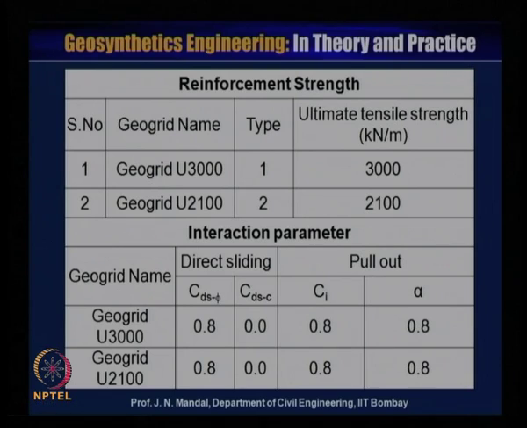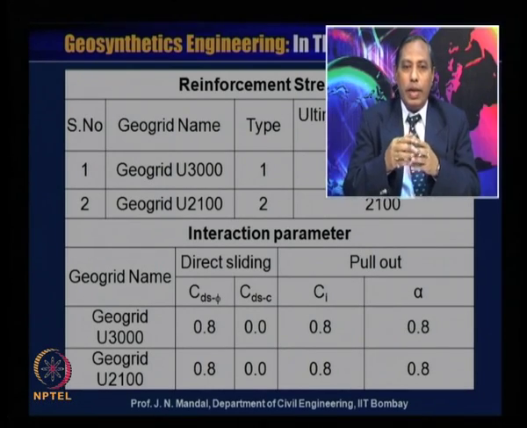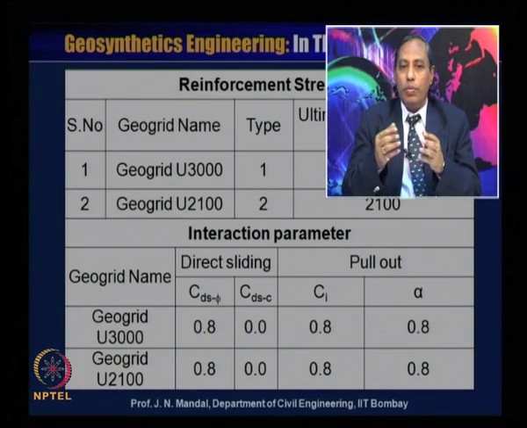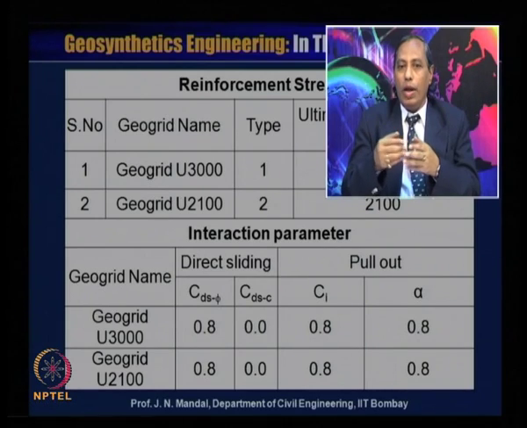Then the interaction parameter. As I said, geogrid 3000 and geogrid 2100, and the interaction parameters are from the direct sliding and the pull out.